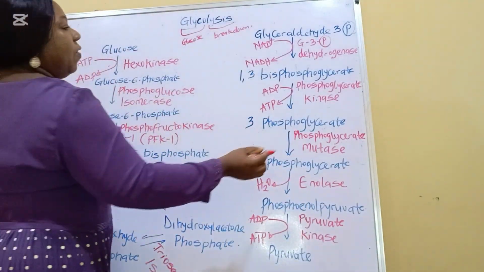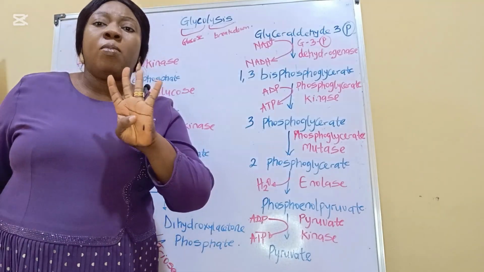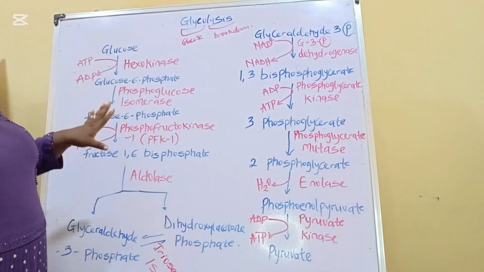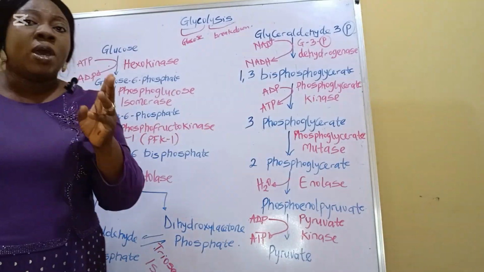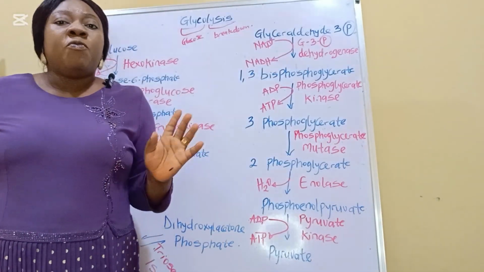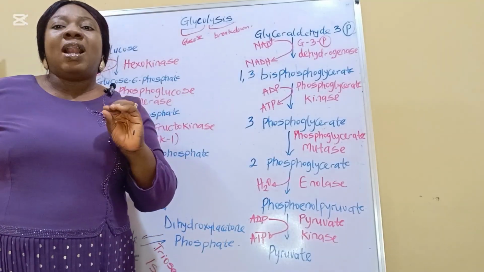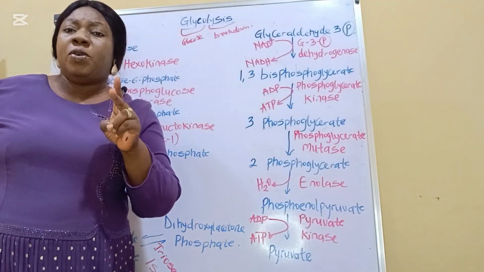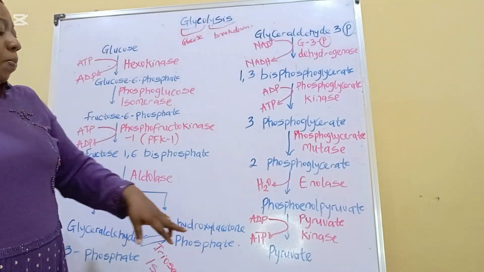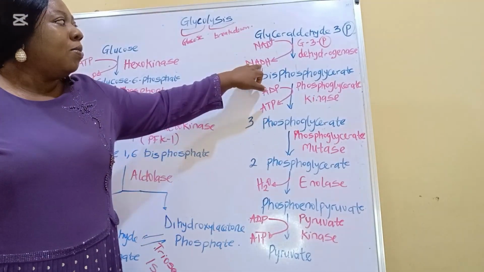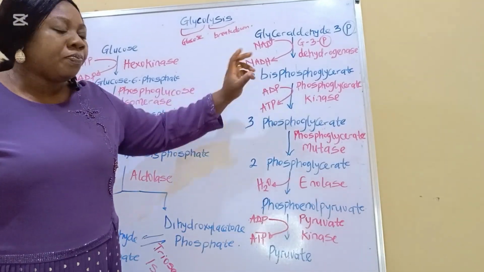Meaning that the payoff phase gives us 4 molecules of ATP, while in the preparatory phase we make use of 2 ATP. So we subtract the ones we use from the ones we produce. Glycolysis will give us 2 ATP overall, 2 molecules of pyruvate, and 2 molecules of the electron carrier NADH.